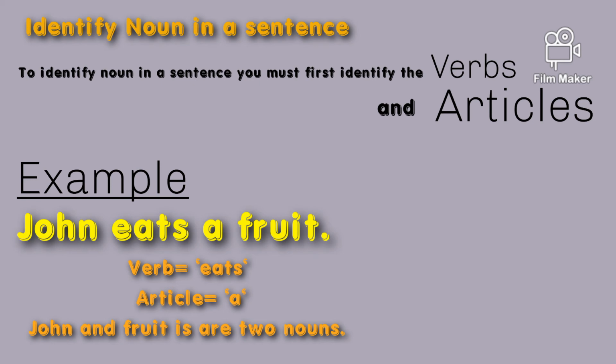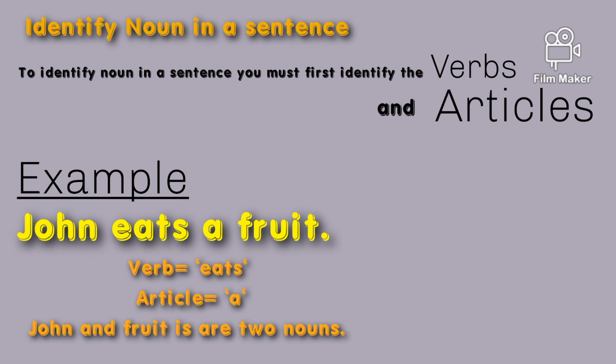Next, identify noun in a sentence. Now, how to identify noun in a sentence? To identify noun in a sentence, you must first identify the verbs and articles. Example, John eats a fruit. Here, verb means an action. So what is the verb here? Eats.